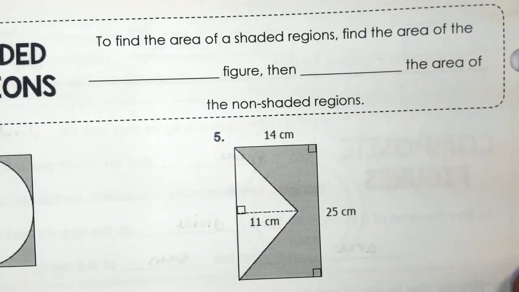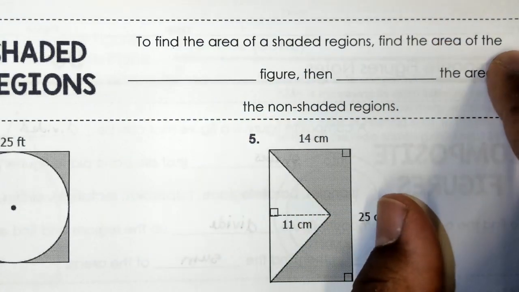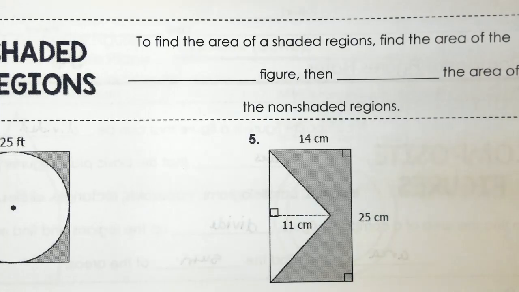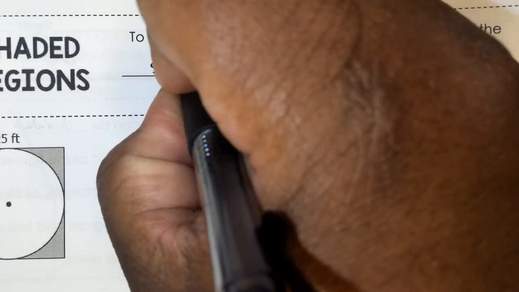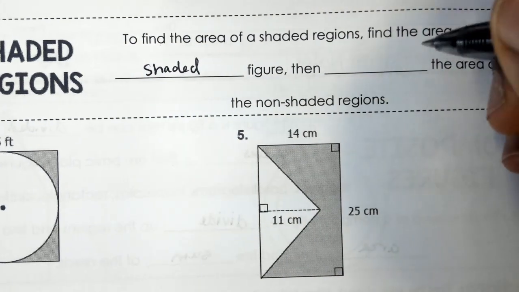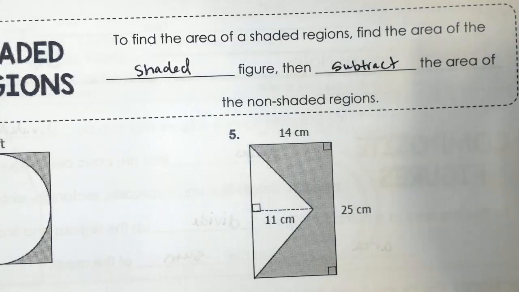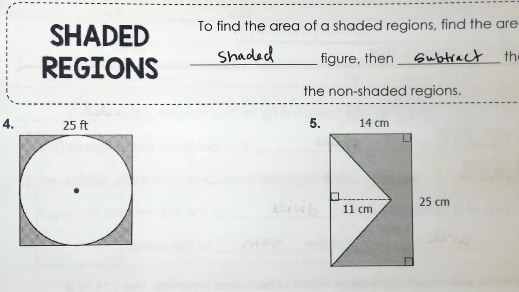To find the area of a shaded region, find the area of the shaded figure. Then subtract the area of the non-shaded region. So it makes sense. Your shaded figure is probably going to be the bigger one because you're going to put the non-shaded area inside. Find that first, find the other figure, and then subtract.